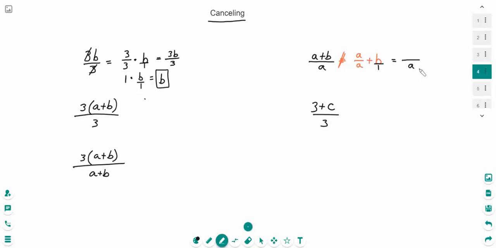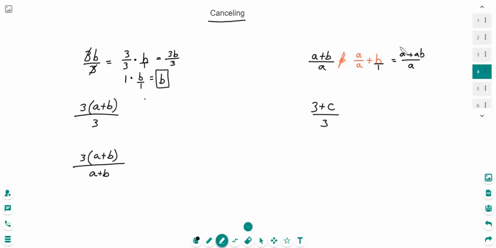In this fraction, I didn't do anything. I multiplied the denominator by 1 to get this a, so I have to multiply the numerator by 1. I still end up with an a. In the other fraction, I'd have, again, my plus sign. I had to multiply this denominator by an a to get this a, so I have to multiply the numerator by an a, and this would be ab, correct?